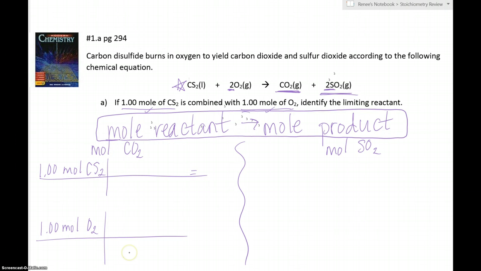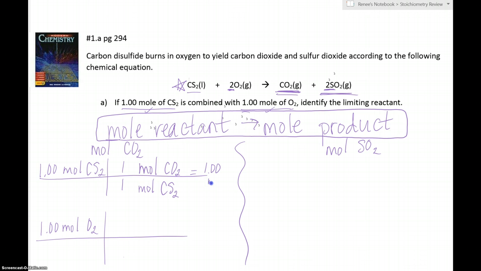With moles of carbon disulfide on top, we need to put moles of carbon disulfide on bottom here. And then we put our moles of what we're trying to find on top, which on this side is CO2. Whenever we do moles over moles, we pull from the balanced chemical equation, and it's 1 and 1. So this one's pretty simple.